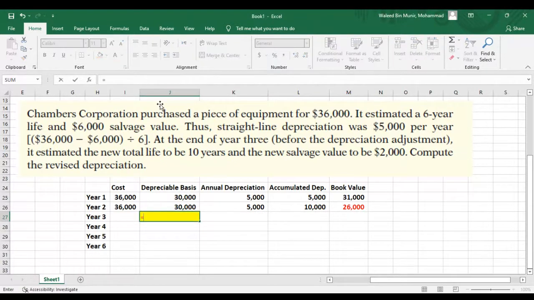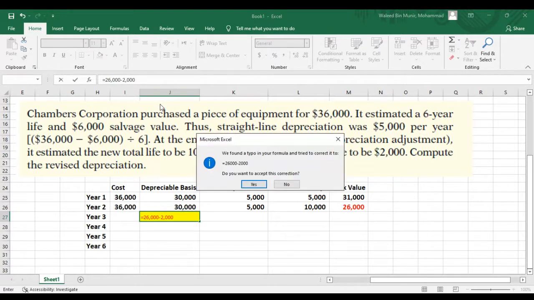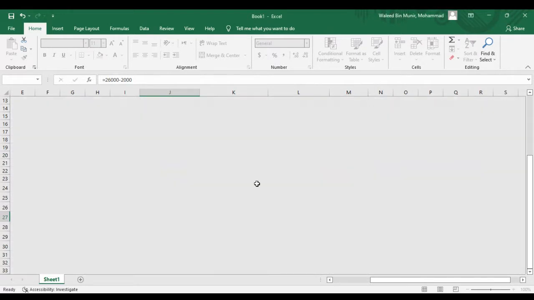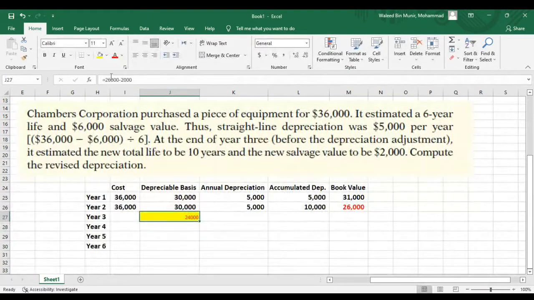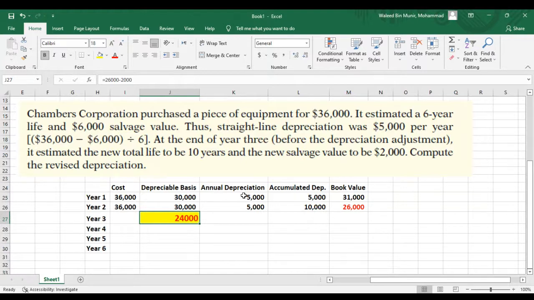So you'll say 26,000 minus the new salvage value, which is 2000. Is it clear now?